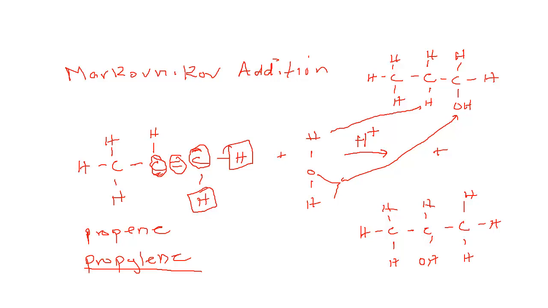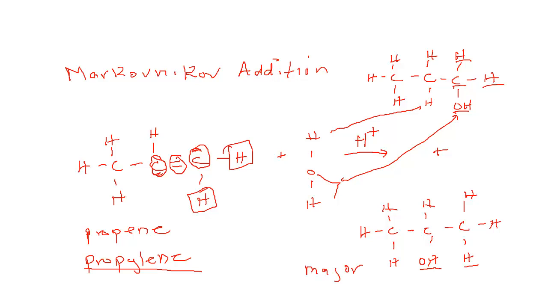It is a minor product because we show the hydroxyl group attached to the carbon that already has two hydrogens attached to it. The product here below, we put the hydroxyl group on the central carbon and we put the extra hydrogen on the terminal carbon. And that's what the major product is.